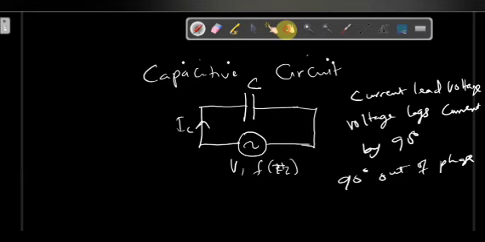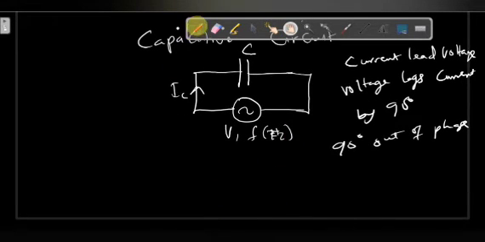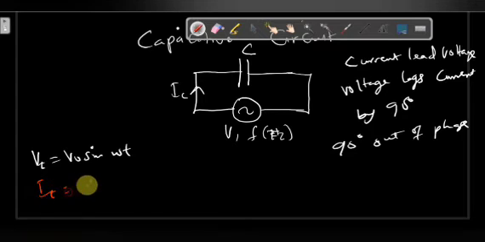Okay, so the instantaneous voltage will be given as V of t equals V naught sine omega t, as before. Then the instantaneous current I of t will be given as I naught sine omega t plus pi over 2.